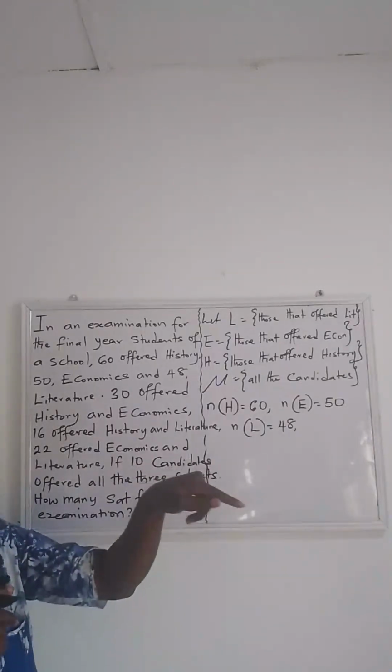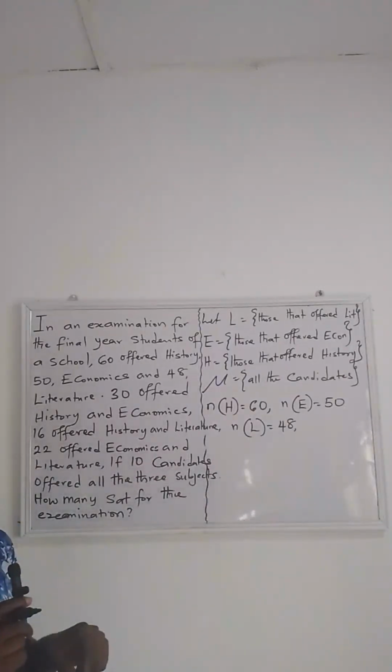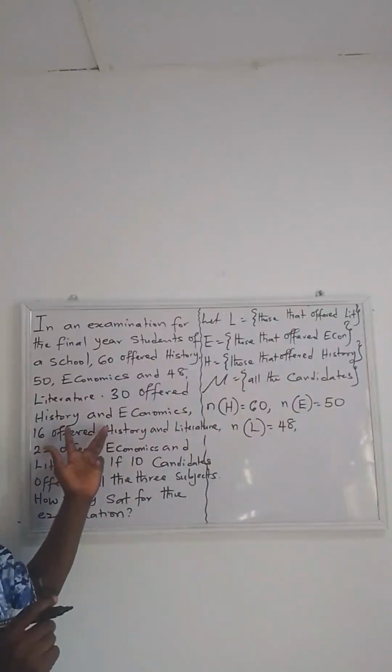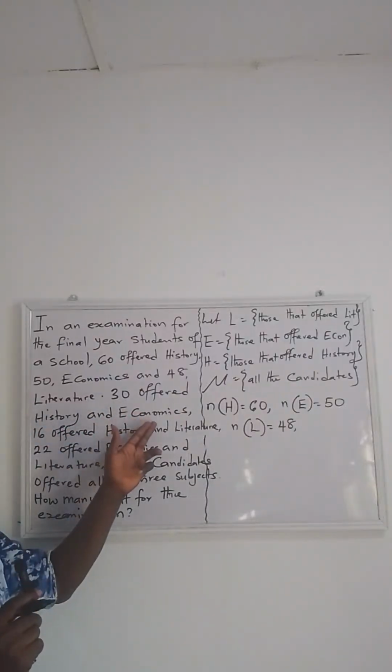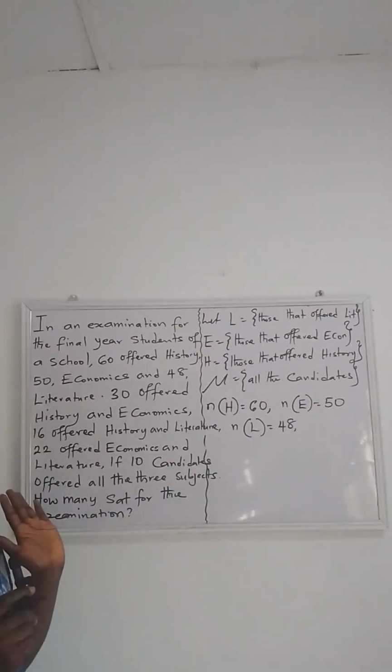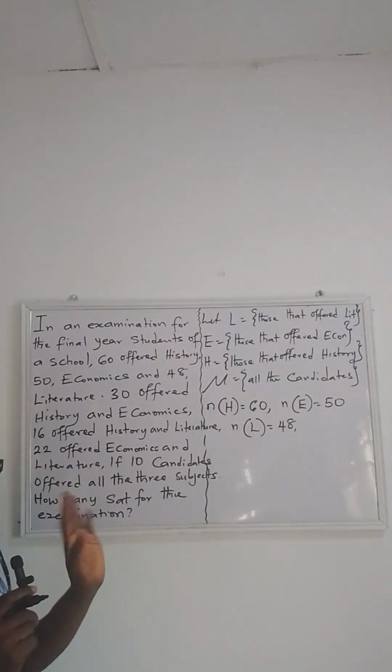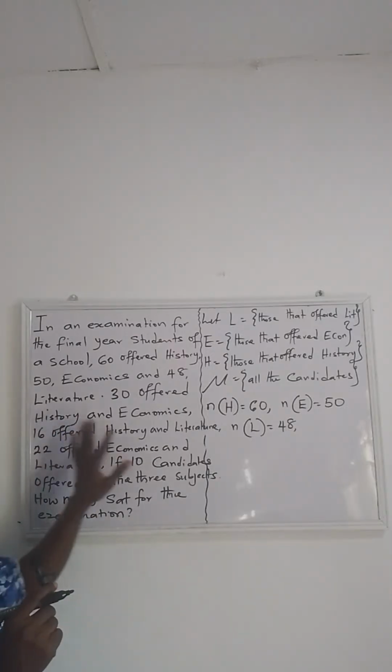But suppose the question had said 30 offered history and economics only. Then it would be clear that they didn't offer any other subject except history and economics.